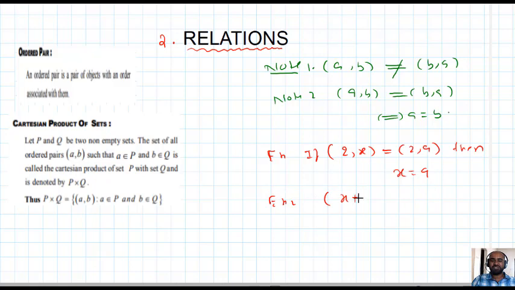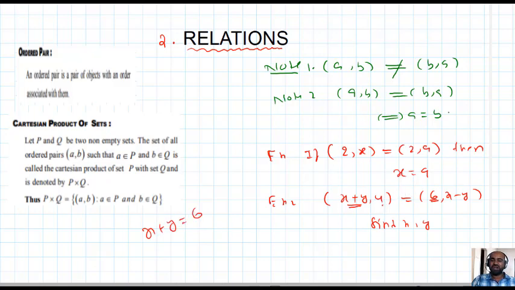Okay, so example 2. Ordered pair (x + y, 4) equals ordered pair (6, x - y). Then find x and y. Just by the definition of equality of ordered pairs, x plus y should be equal to 6.